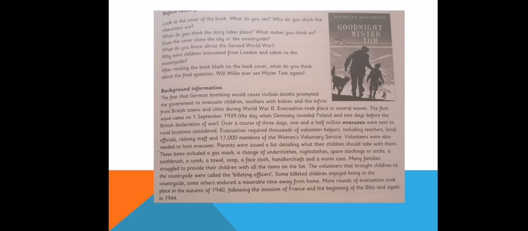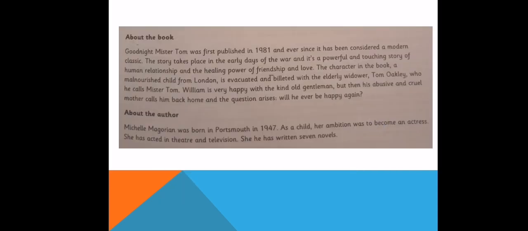So you guys have probably read about this period in time in your humanities lesson, or in your social studies lesson. So I'm pretty sure you guys have an idea of what World War II Europe was like. So let's go ahead and read about the book. Goodnight Mr. Tom was first published in 1981, so it's an older book. And ever since it has been considered a modern classic.